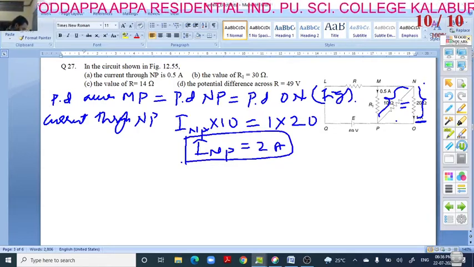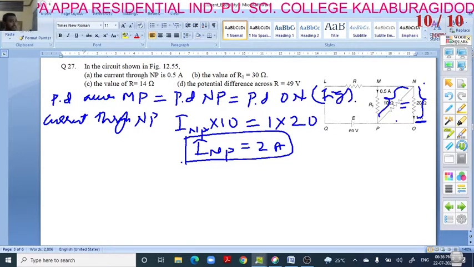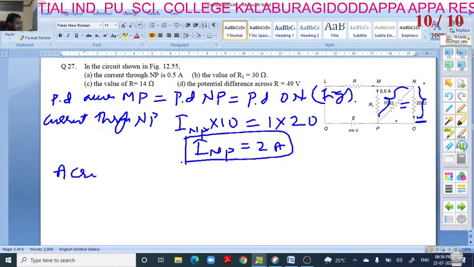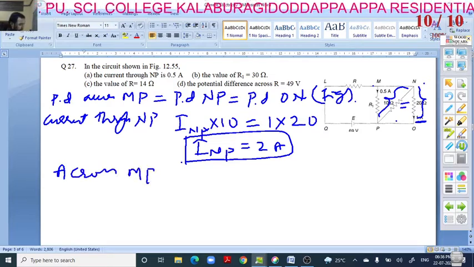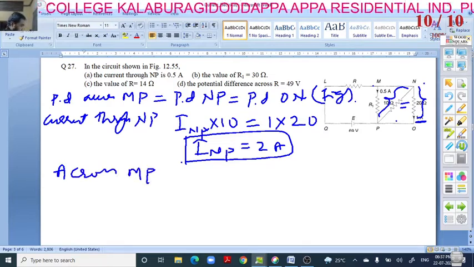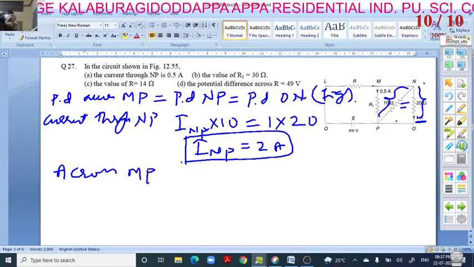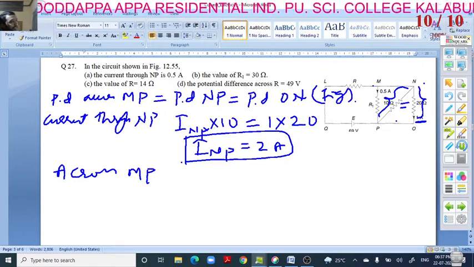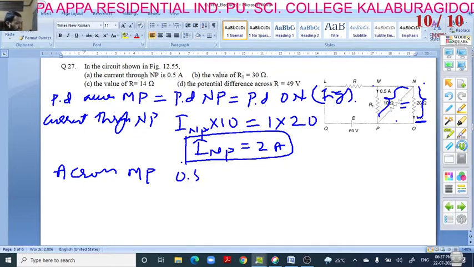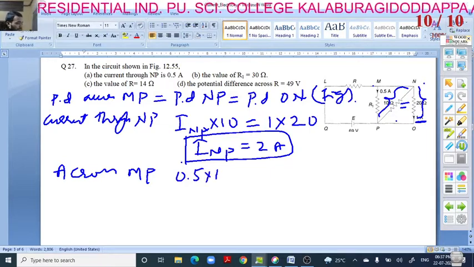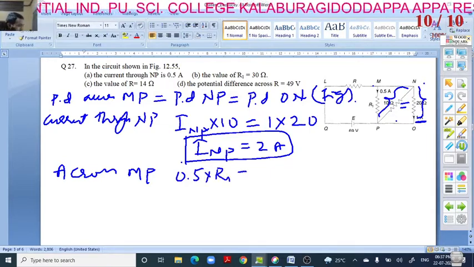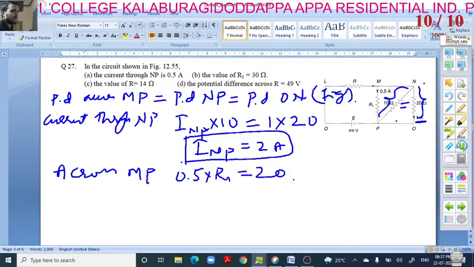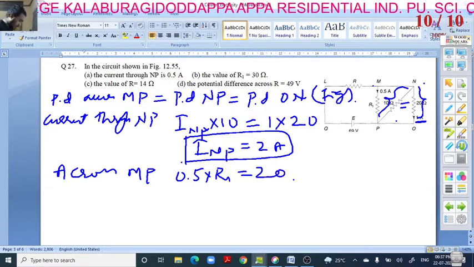Now across MP I will check here. Across MP, say potential across MP, 0.5 is the current and resistance is R1, that is equal to 20.